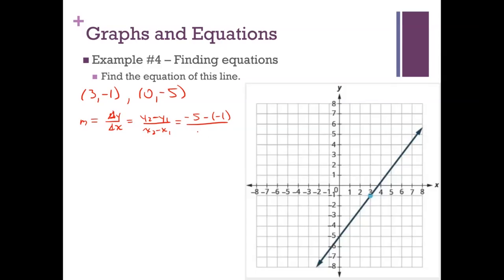Yep. Over 0 minus 3. So -4 over -3. 4/3. So that's the slope, which is helpful.